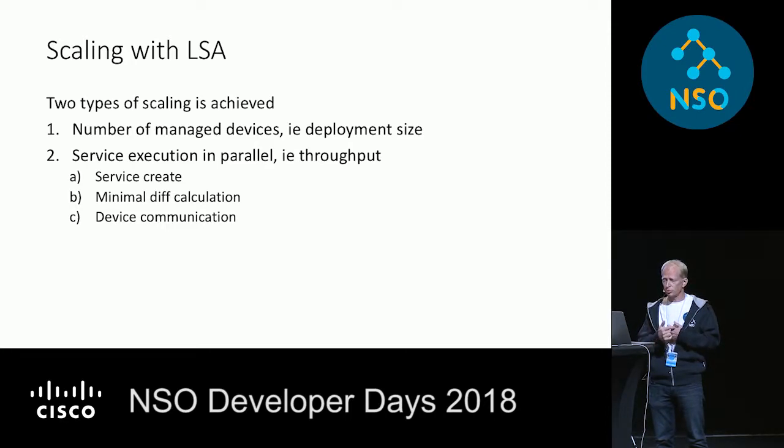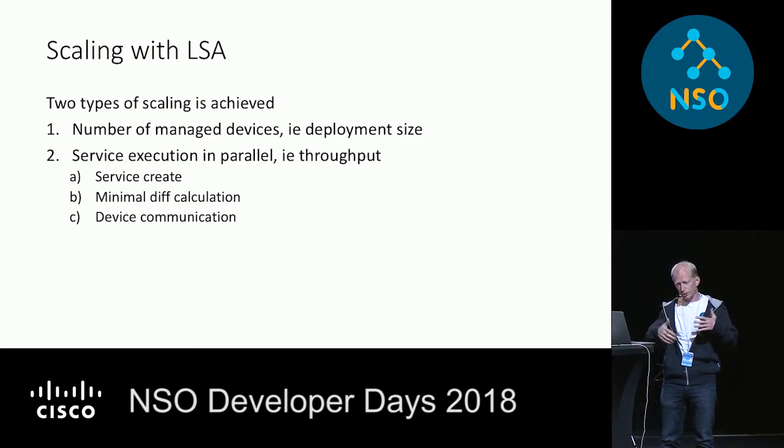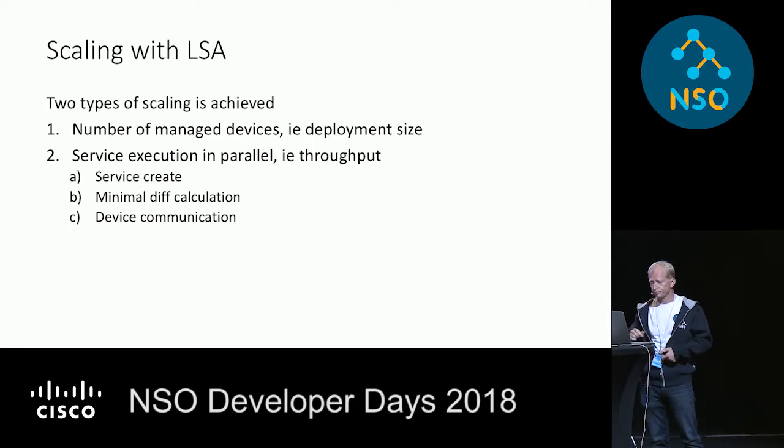So you can execute your service code, and that means both running the actual service create code, but also managing the diff set. So if you have large sets of change sets associated with the service, it's much better to have them parallelized on your lower nodes than having them in a single place on your upper node.